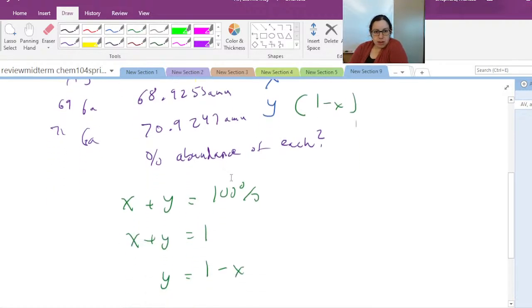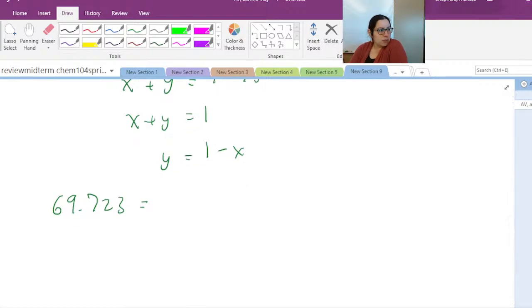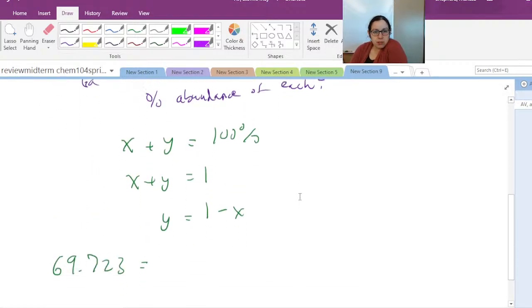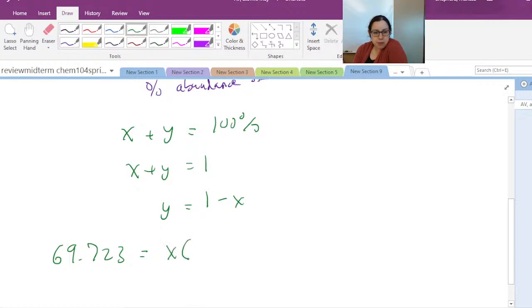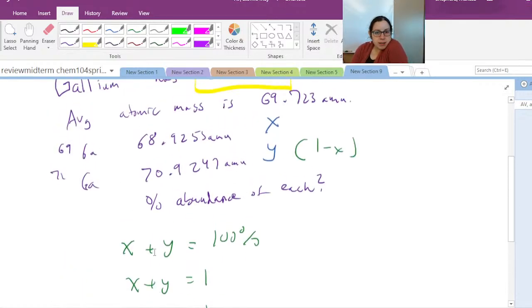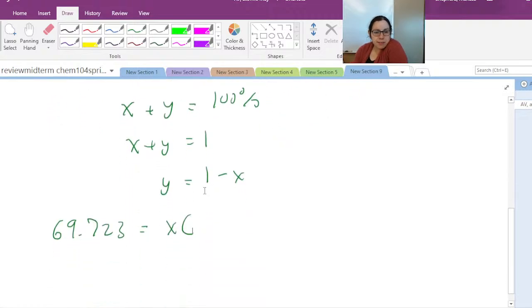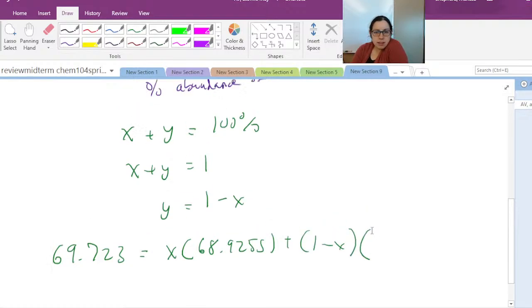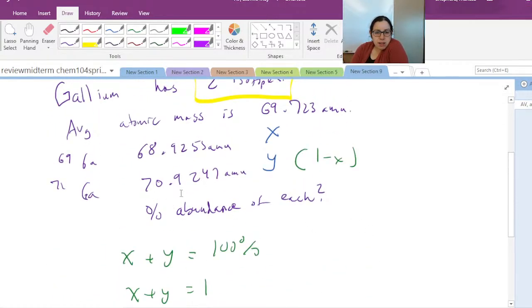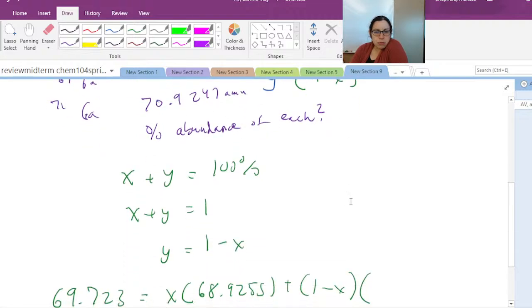Now we can set up our algebra. So it is equal to X, whatever that percent abundance, times our mass, 68.9255, plus 1 minus X times 70.9247.